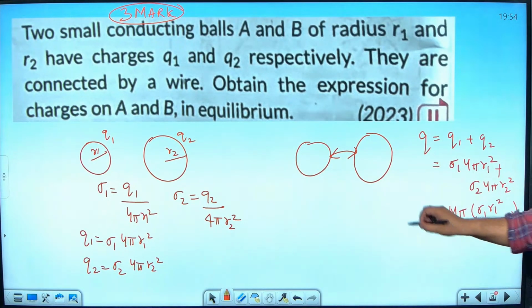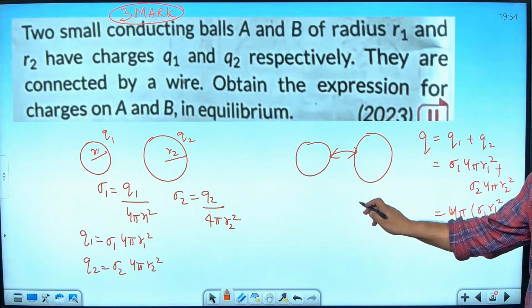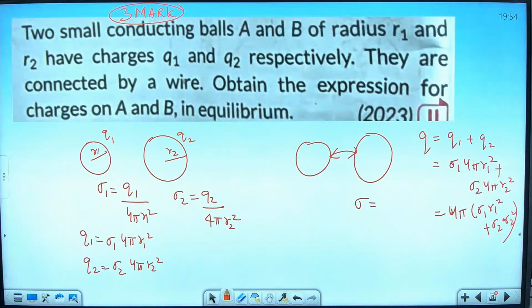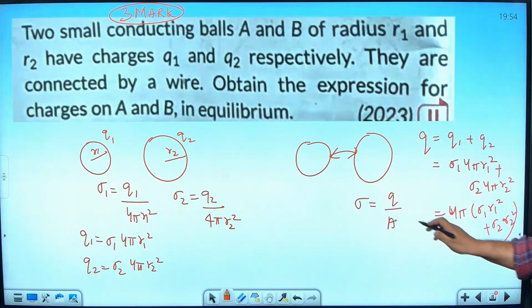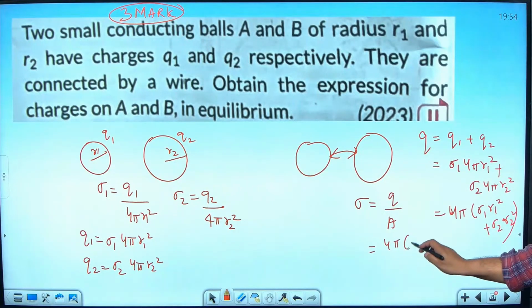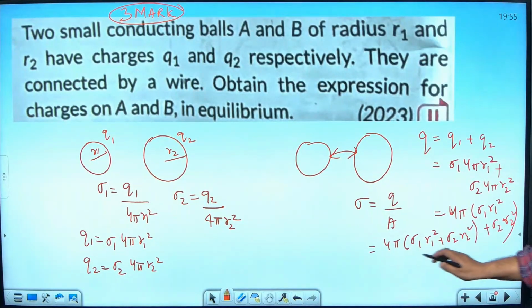And what will be the sigma now for the whole, both the shells? It will become total charge Q by total area A. Total charge value we have, it is 4 pi into sigma 1 R1 square plus sigma 2 R2 square, divided by what is area?